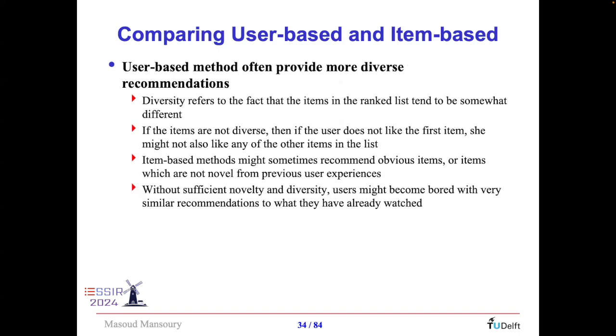But on the other hand, user-based collaborative filtering is more effective in terms of diversity. As I said, item-based collaborative filtering tends to follow the preferences of the user. If the user liked certain genres or items in the past, the recommendations would contain the same genres or content.